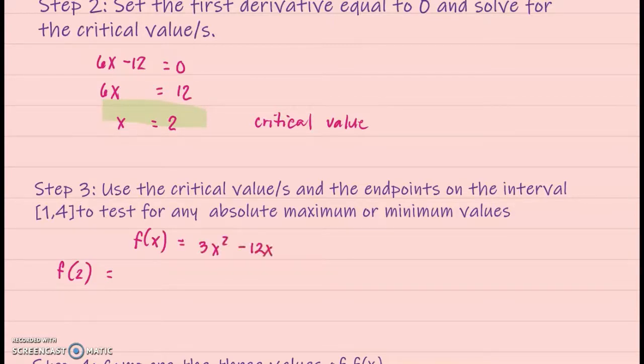So f of x is equal to 3x squared minus 12x plus 5. So f of 2 is equal to 3 times 2 squared minus 12 times 2 plus 5. So f of 2 is equal to 3 times 4 minus 24 plus 5.